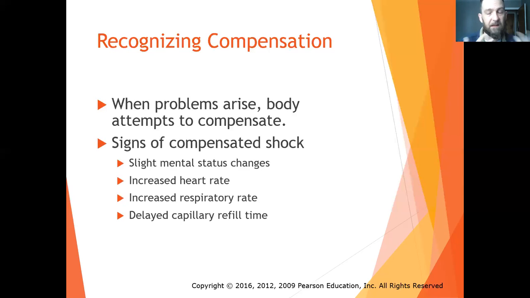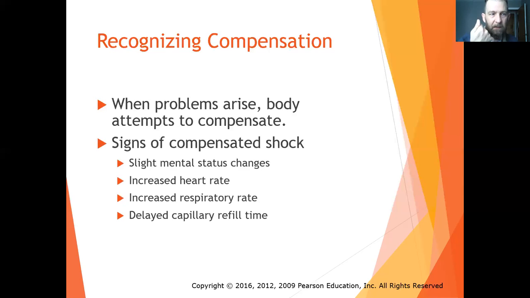Our body's recognizing that we're not getting enough oxygen to the cells and not getting enough carbon dioxide off. So do we need blood all the way at the end or out by our skin to stay alive? No, not really. So our body's going to shunt that blood away towards our vital organs.